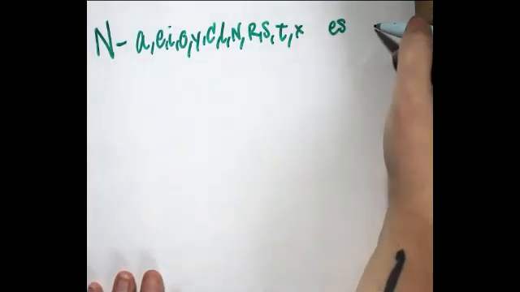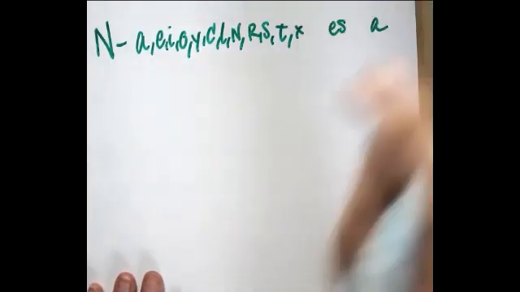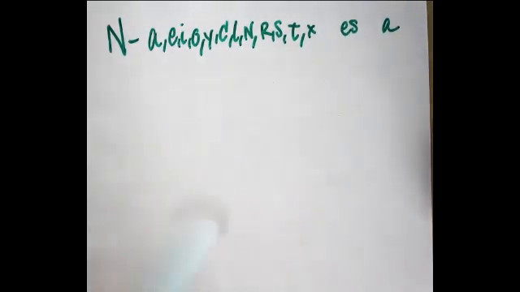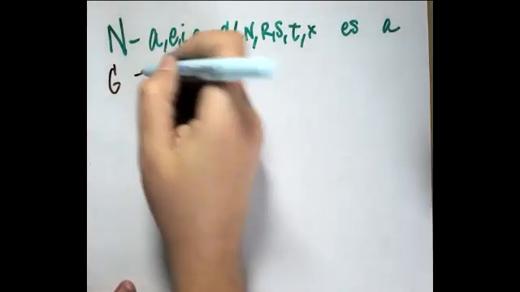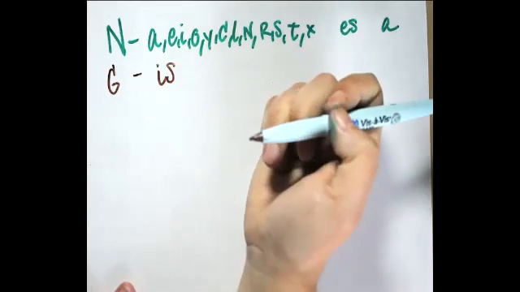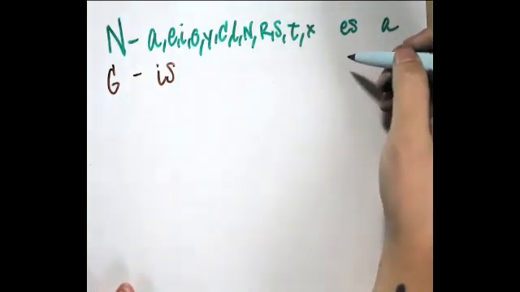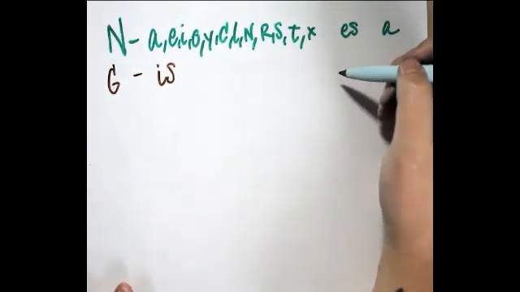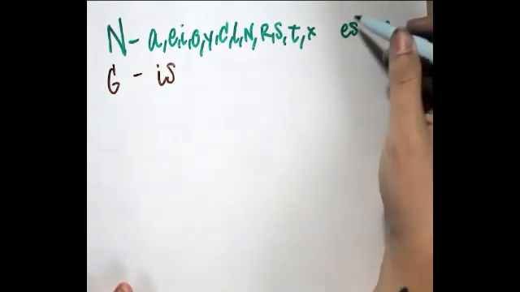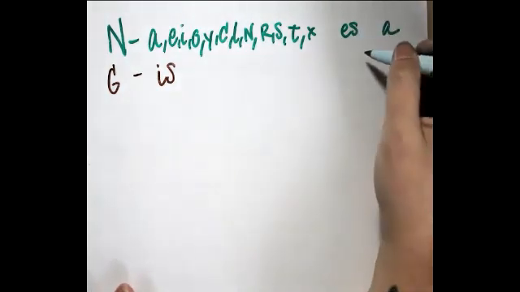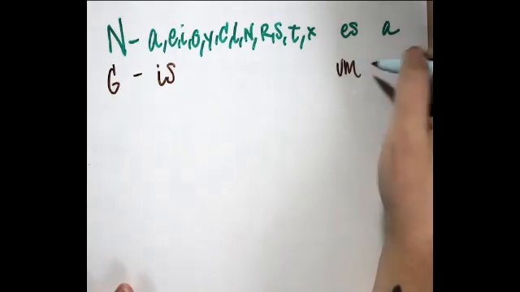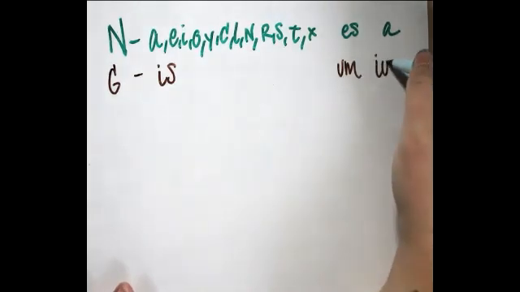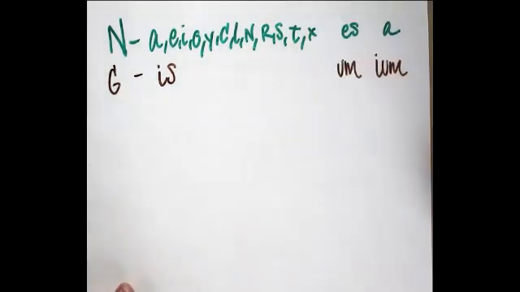If it is neuter, A. Genitive singular just is. Oh, isn't that nice? In the plural, for masculine, feminine, or neuter, UM if it's not an I stem, IUM if it is.